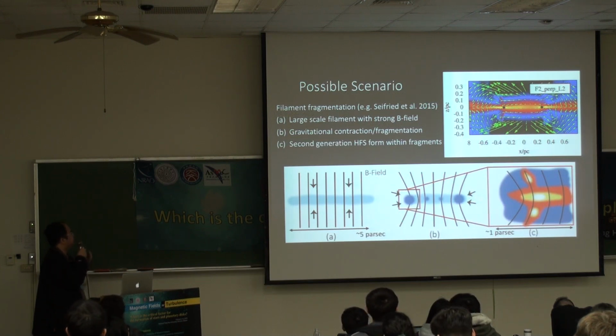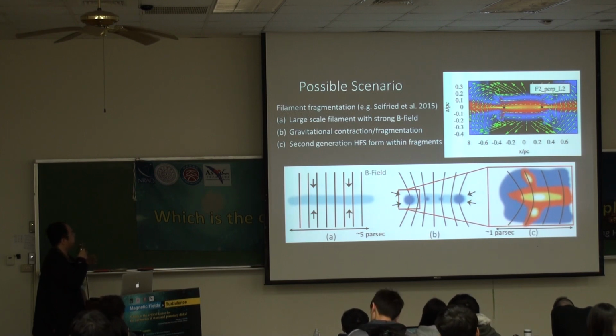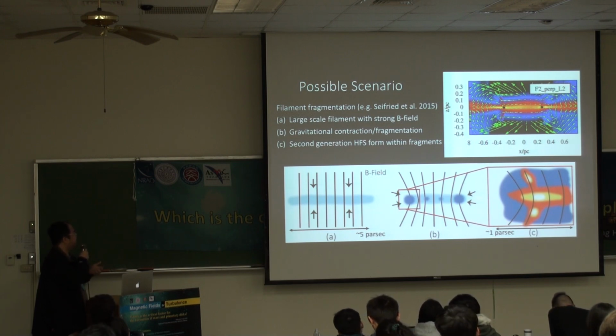We can show a similar pattern: if the main filament is in a strong magnetic field, and when the filament becomes supercritical, it will contract and drag the large-scale magnetic field, and after it starts to fragment, the fragments can further collapse and form a hub-filament system, like what we observe.